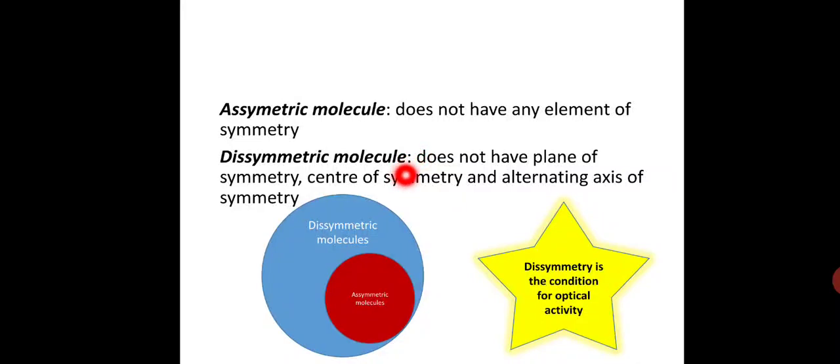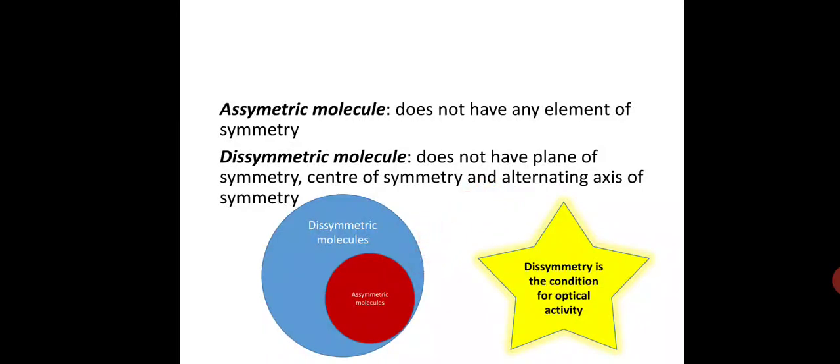Another important group that shows optical activity is dissymmetric molecules. Any molecule that does not have a plane of symmetry, center of symmetry, and alternating axis of symmetry is termed a dissymmetric molecule. So if you consider a molecule and look into its symmetry elements, and you cannot find a plane of symmetry, a center of symmetry, and an alternating axis of symmetry, then you can obviously think that it is an optically active molecule.